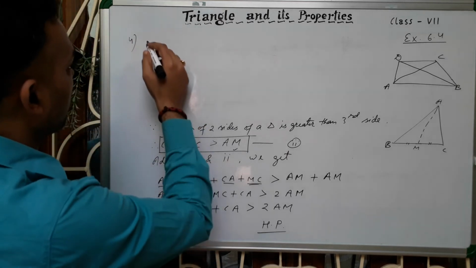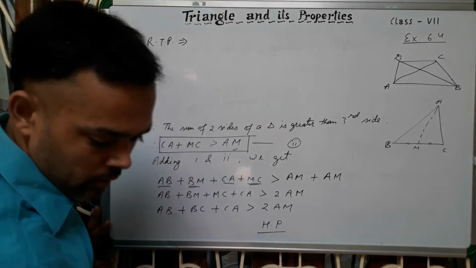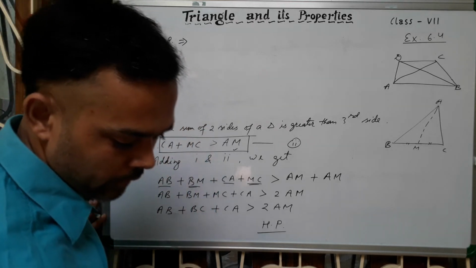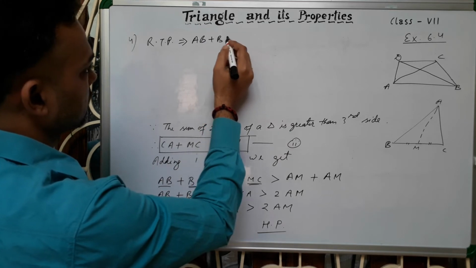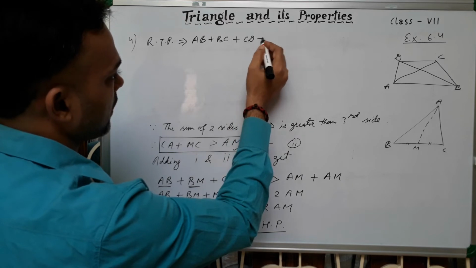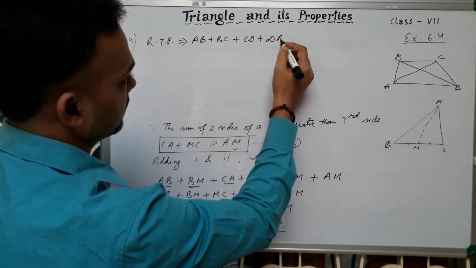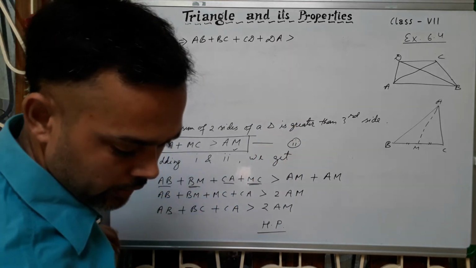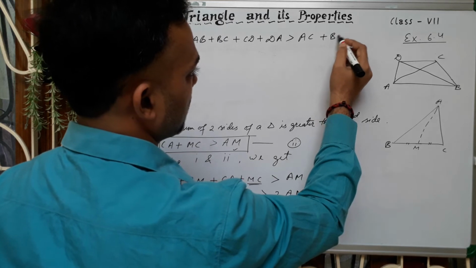Okay, required to prove, we have to prove that AB plus BC plus CD plus DA is greater than AC plus BD.